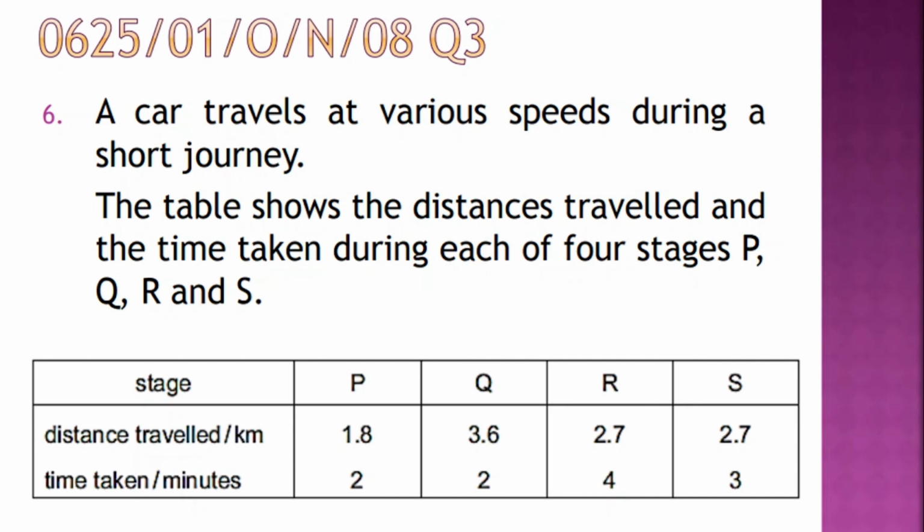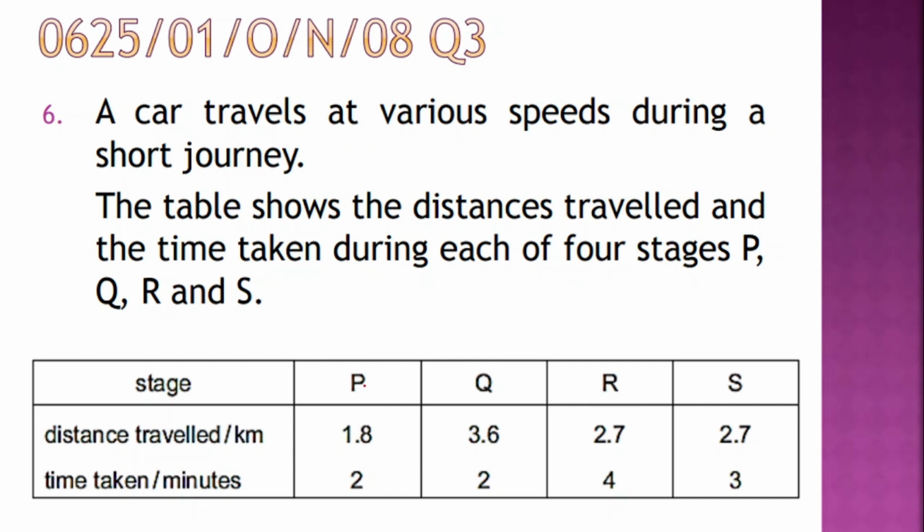Then in the next part, we are given some distance covered by a car and the time taken by it for the 4 different stages: from P to Q, then from Q to R, and then from R to S. For all these stages, we are given the time interval and the distance traveled.